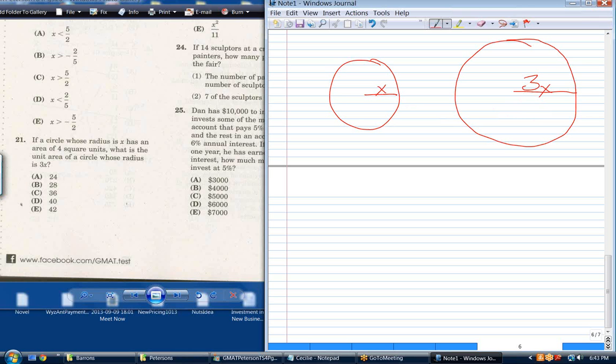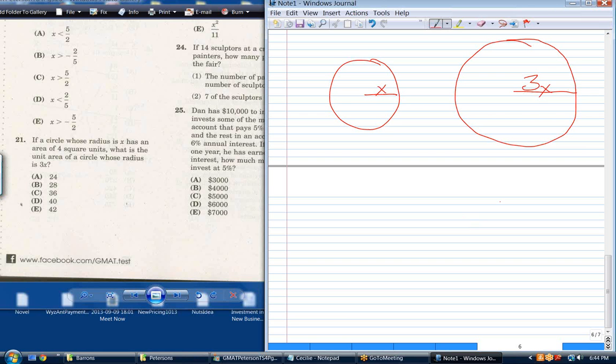It's 3 to 1. What is the area ratio of those two circles? It's 9 to 1. When you have a linear ratio and you're going to area, you square it. So if you start out with a 3 to 1 ratio, the area ratio is going to be 9 to 1, 3 squared to 1 squared.